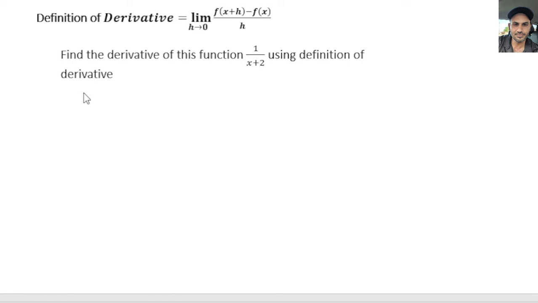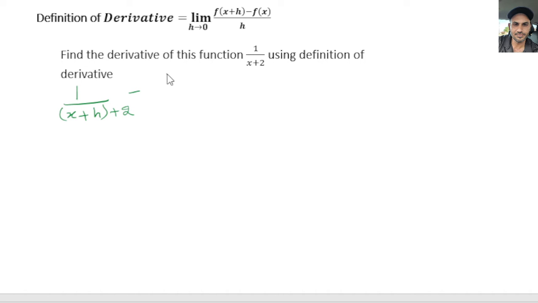So we have, we're going to just take this function and plug it into our formula right here. For f of x plus h, I'm going to plug in x plus h wherever we have our x variable in the function. So this is going to become 1 over x plus h plus 2, minus f of x, which is just this function.